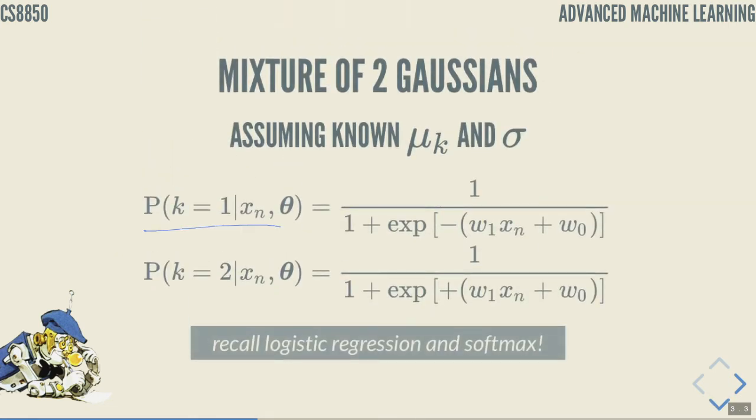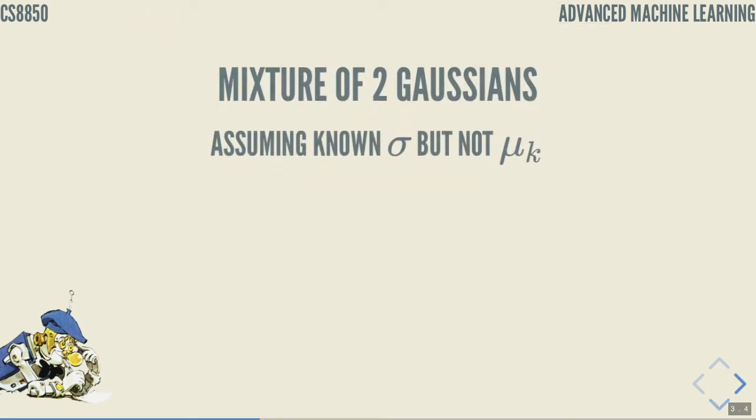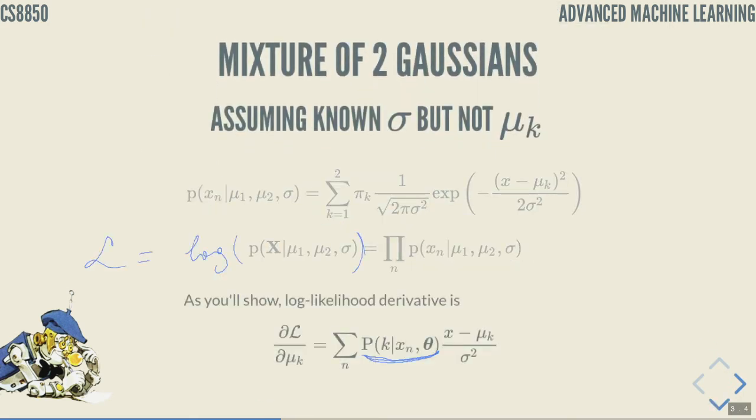Let me show you this, depending on k, times x minus mu normalized by the variance. So we're getting somewhere already, but not quite yet.